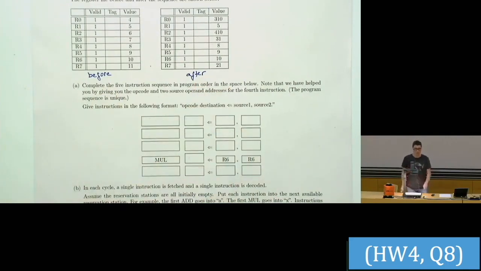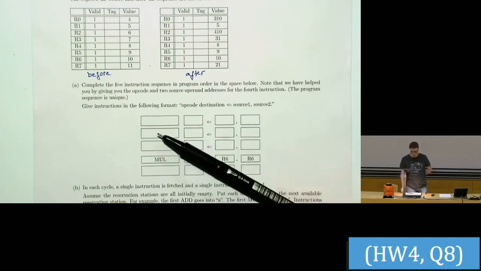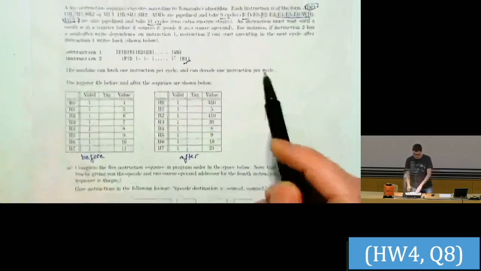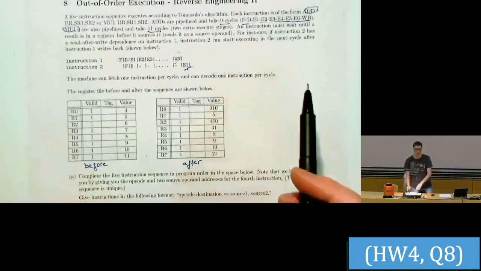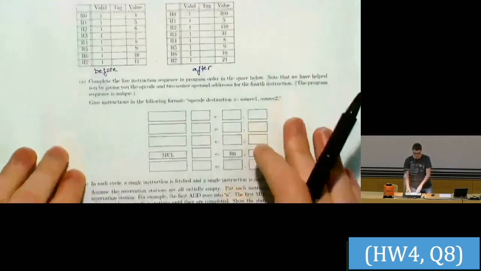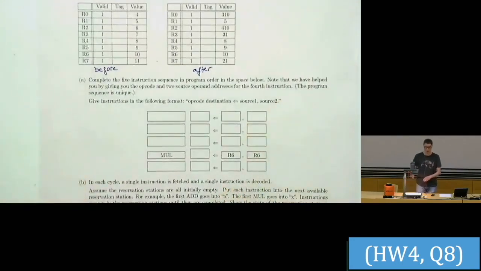In the previous question, we said that if there is a data dependency, we can only start a decode after the write back finishes, and now we're assuming that we can start executing after the write back finishes. Right. So that's because of the difference between in-order execution and out-of-order execution, specifically with Tomasulo's algorithm. So here it is a little bit different. You will see as we solve the question.